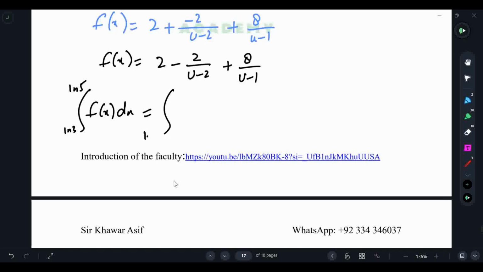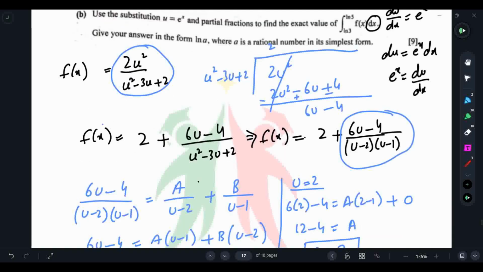So we can write it as the integral from natural log of 3 of 2 minus 2 by (u minus 2) plus 8 by (u minus 1) into dx.